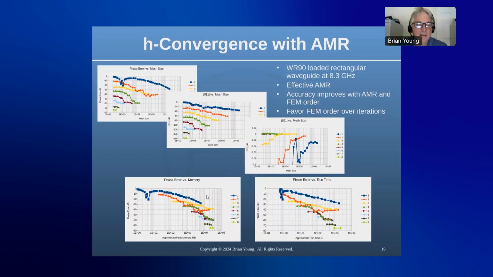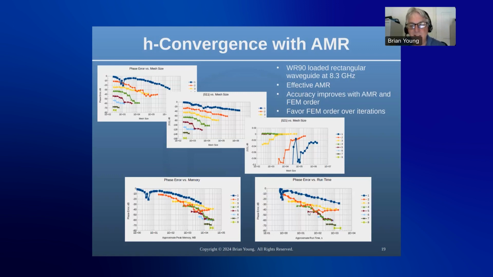The plot on the lower right is interesting for me. If you look at the phase error of the delay through the problem, if you just pick any error level, say minus 40 dB, and slide across, what you find is that to beat the expected error, you always end up reaching that error in the lowest runtime with a higher order element.